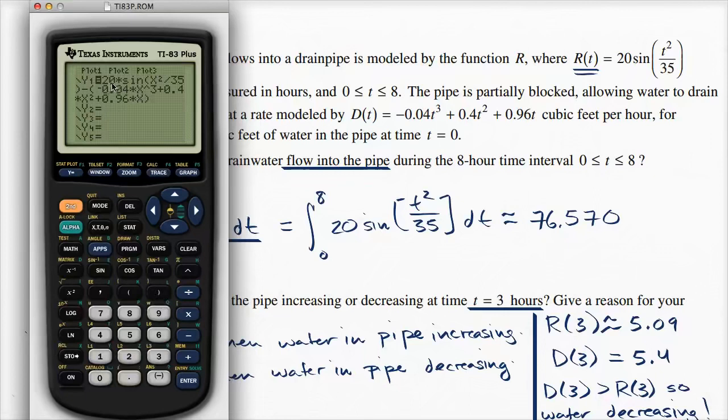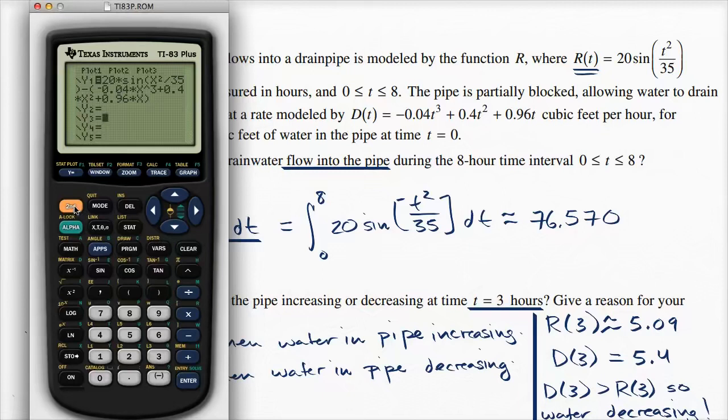So does that make sense? 20 times sine of x squared divided by 35 minus negative 0.04 x to the third plus 0.4 x squared plus 0.96 times x. All right, there you go. I have defined y1, and now I can use that to evaluate different things.